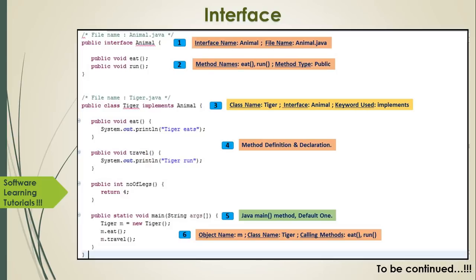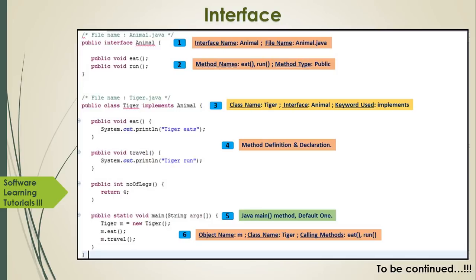In the public class, as step number 3, I wrote public class tiger implements animal. That means class tiger will implement animal and use its methods to declare its own definition. In this particular class, I have just written simple statements: the tiger eats, tiger runs.